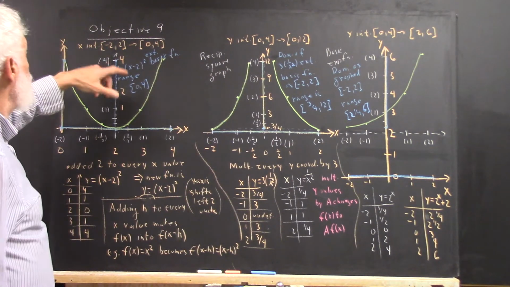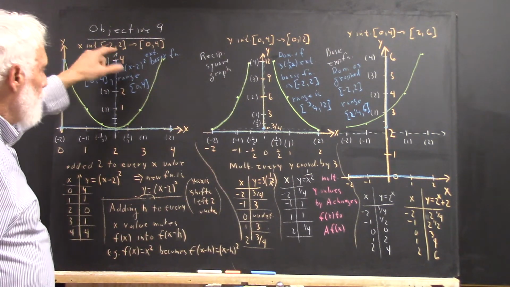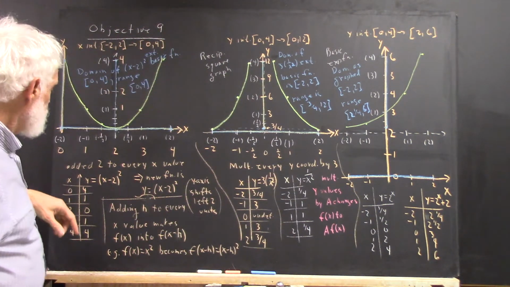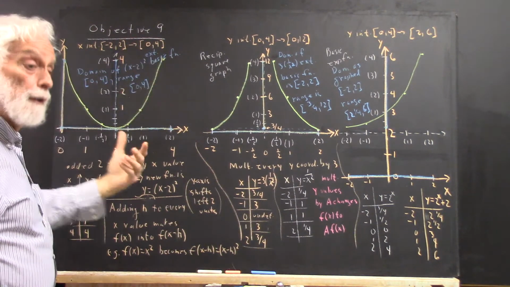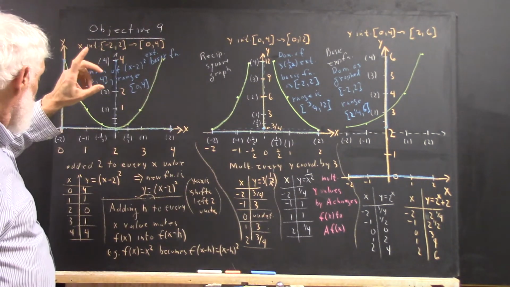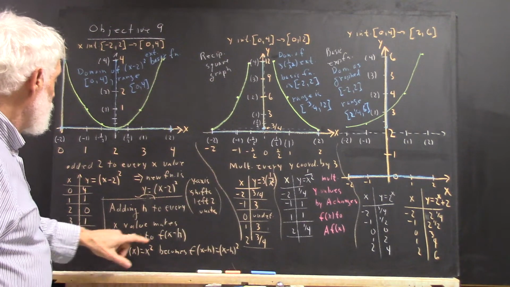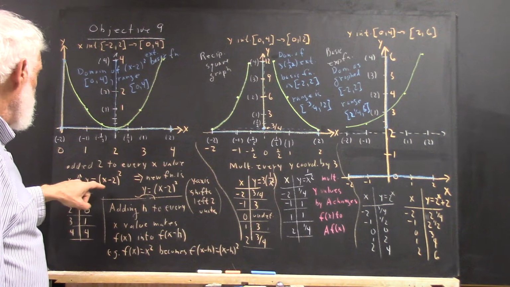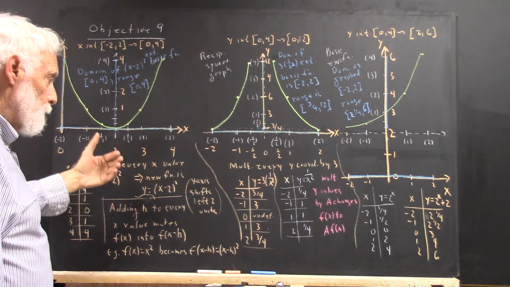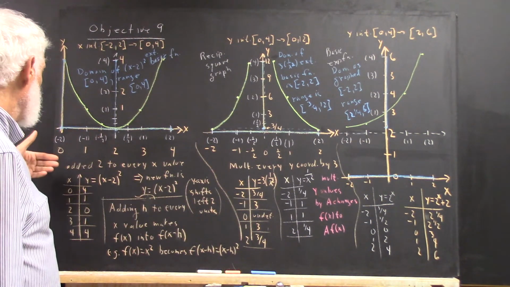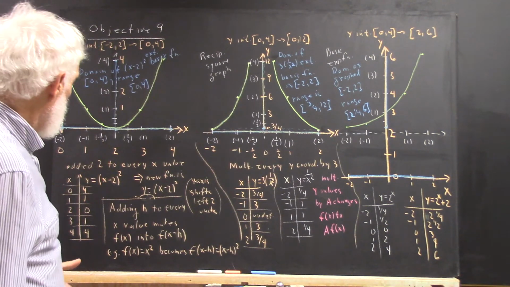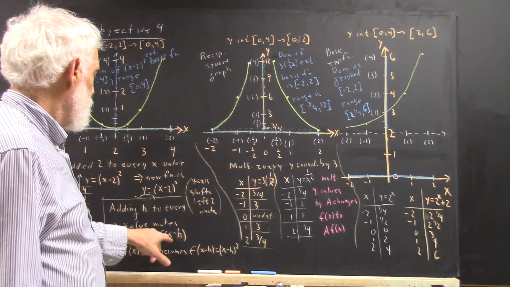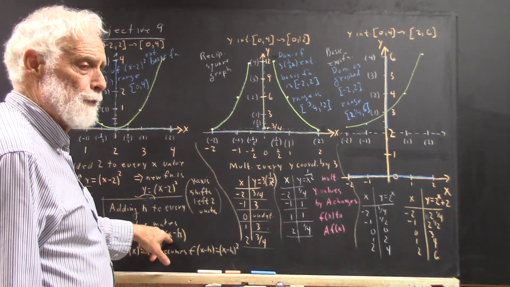So summarizing, we relabel the x-axis by adding a number to every coordinate. It changes the domain accordingly. Changes the function. In this case, we added 2 to every coordinate. Changes the function from the x squared function to the x minus 2 squared function. In general, we add h to every x value. f of x becomes f of x minus h.